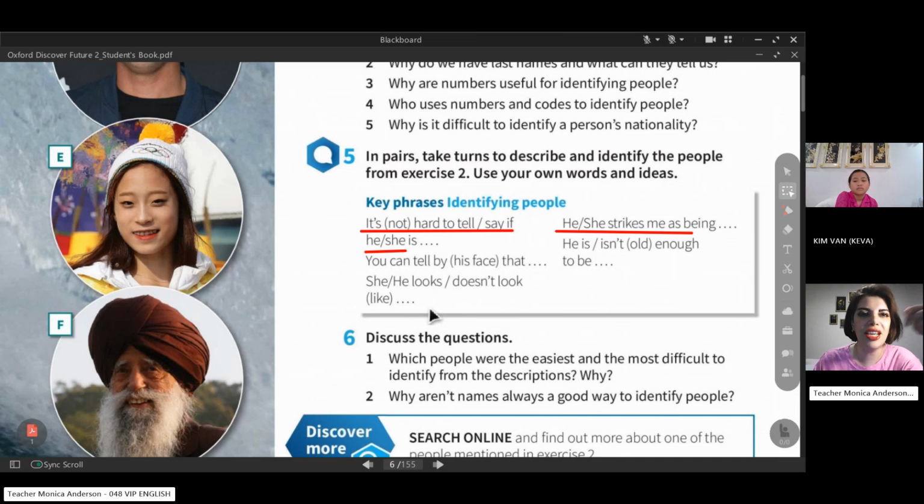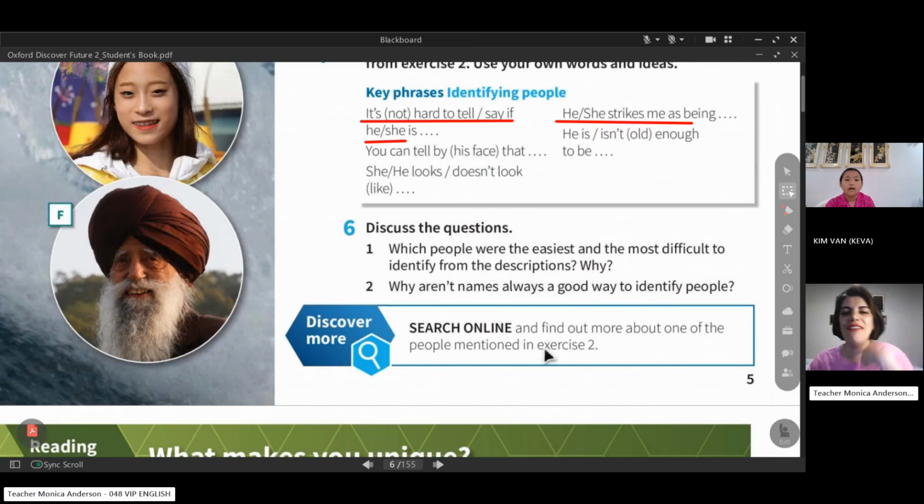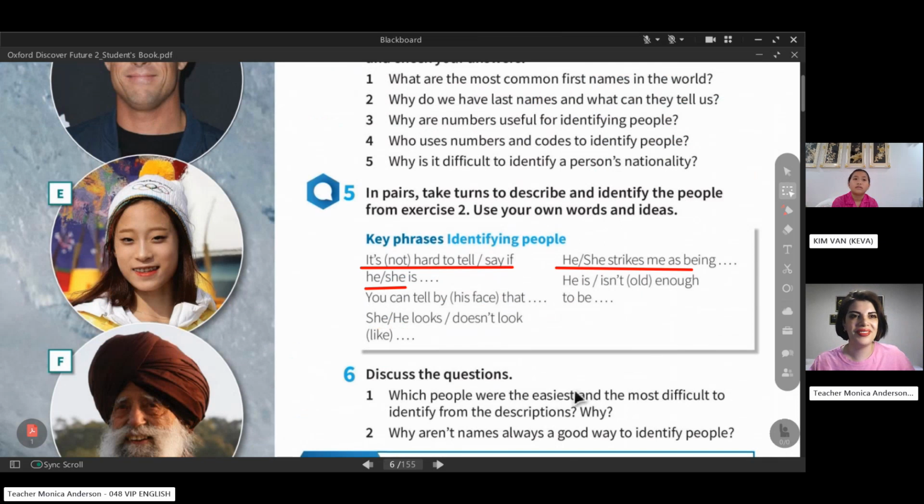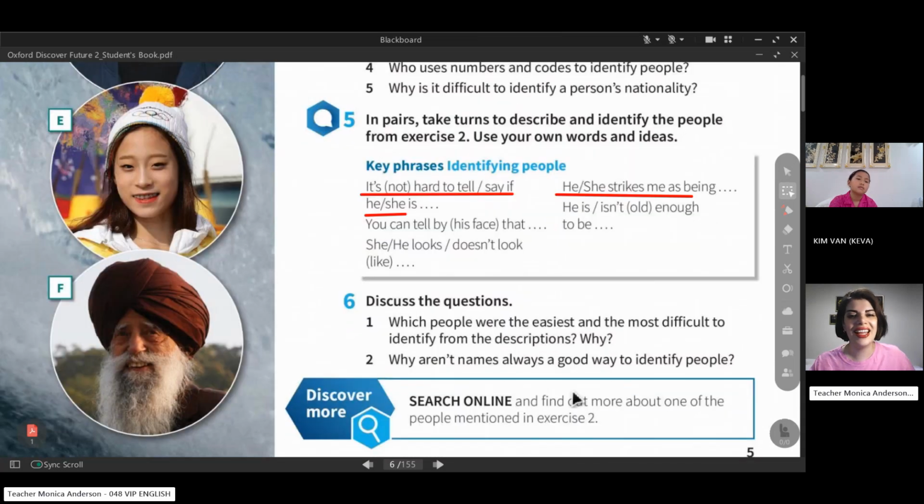Do you look like your mom? No, my older brother looks like my mom. Who do you look like? I look like my dad. Ah, you look like your dad. Okay, very good. And my younger brother looks like my grandmother. Ah, that's really interesting.